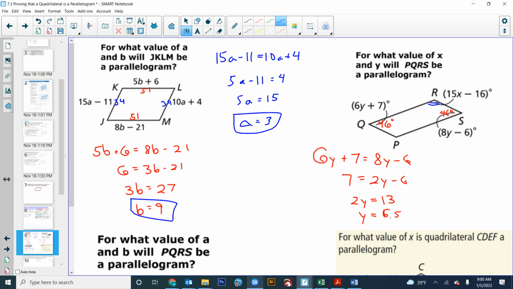If it's going to be a parallelogram, it has to be supplementary. Yeah, so it's got to be what? 134. If it's going to be a parallelogram, this angle has to be 134 degrees. So 15x minus 16 has to equal 134.